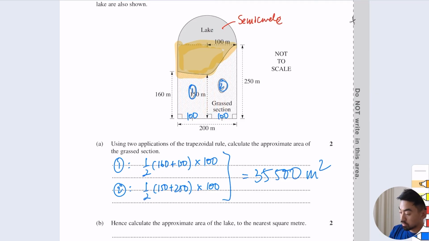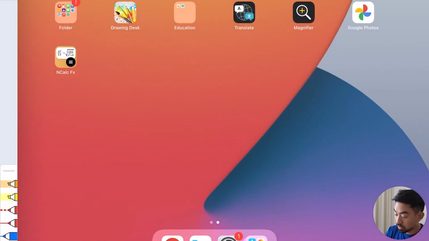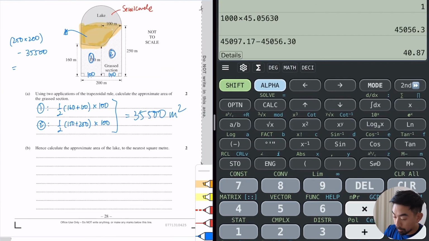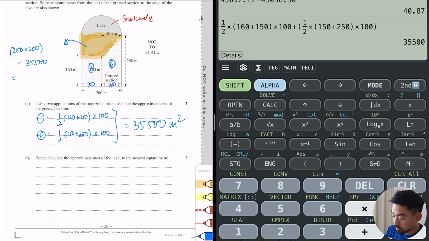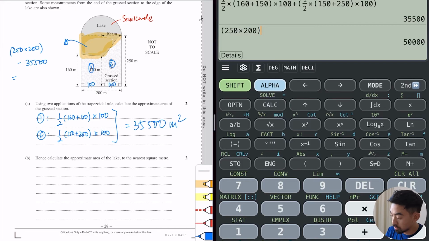So for this bit here, it's going to be the big rectangle, which is 250 by 200, minus what we found in part A, so 35,500. So what's that equal to? 250 times 200 minus 35,500. That's 14,500.